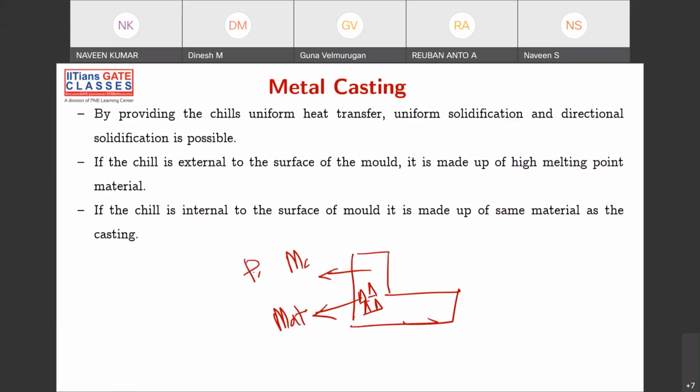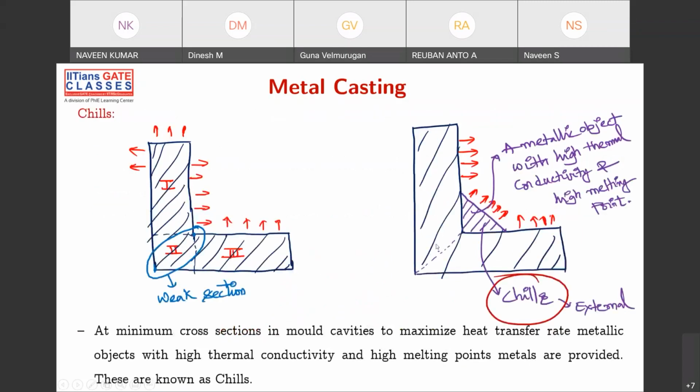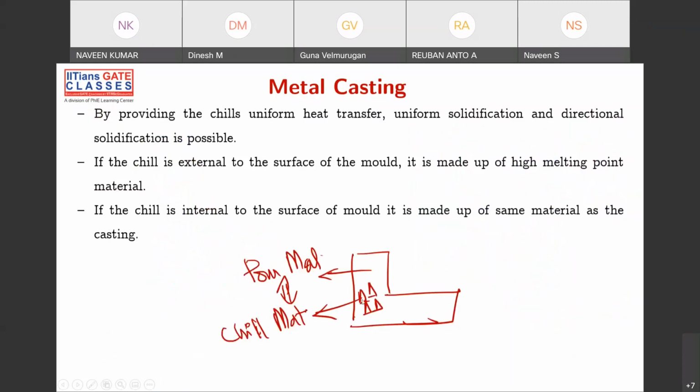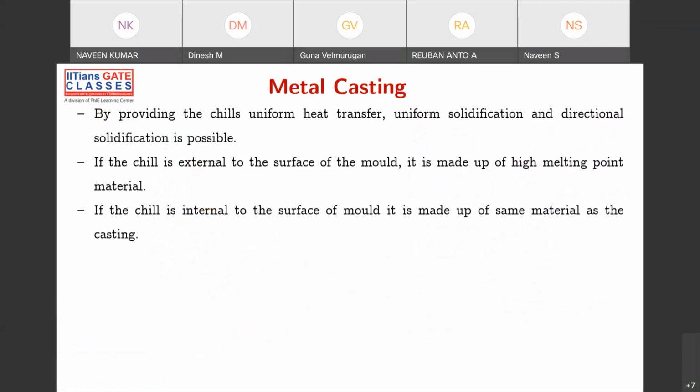Both should be equal. In the external case, the chill material need not be the same as the material you're pouring. It might be the same, but need not be. But here it should be, because if you're pouring aluminum, these chills also should be aluminum. Chills can be external or internal as well.